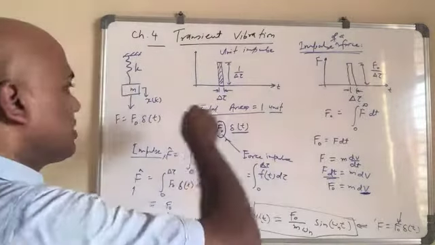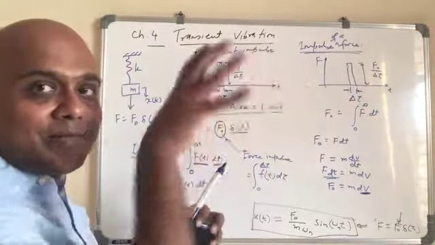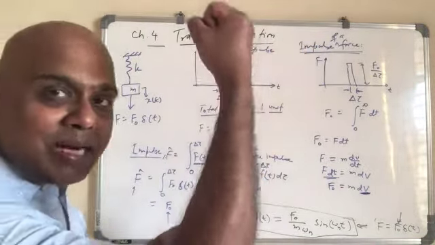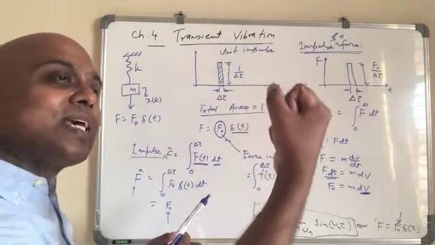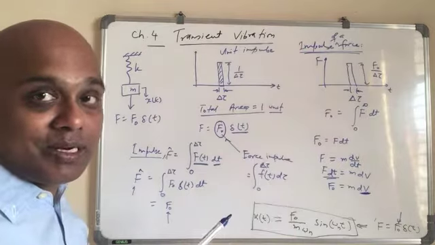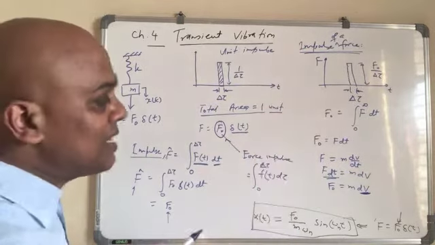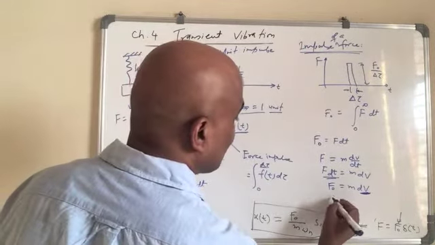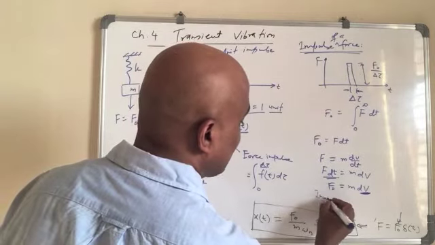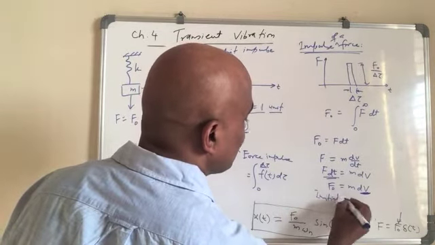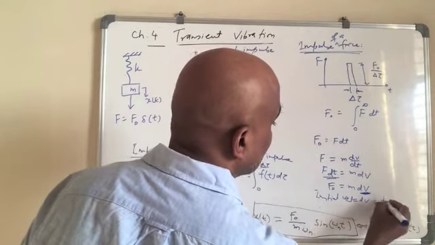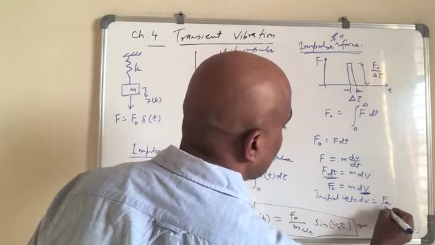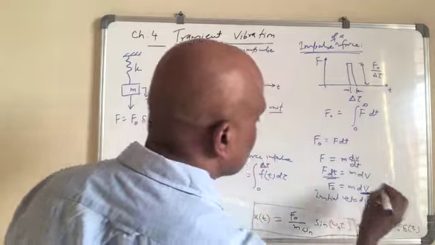For a spring mass system, if you suddenly apply an impulsive force, it will change the velocity. That initial velocity, dv, will be equal to F naught over m.